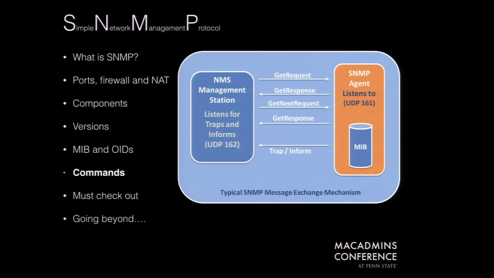Traps, as I said, are information sent from an agent to a manager. This is for alerting that something has changed. Somebody unplugged your server connection on your HP switch. So you know that port 48, if you've documented stuff inside the switch and you name the port, connection to very important server, will send you a trap, and you're going to know that this interface went down and it's the very important server that went down.